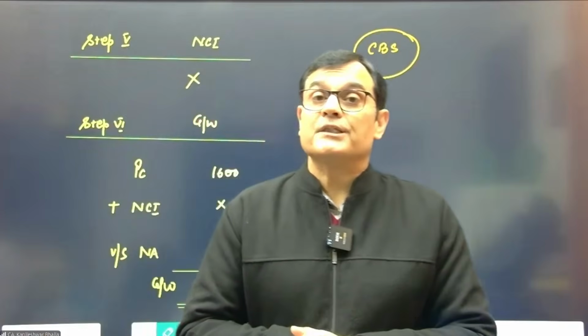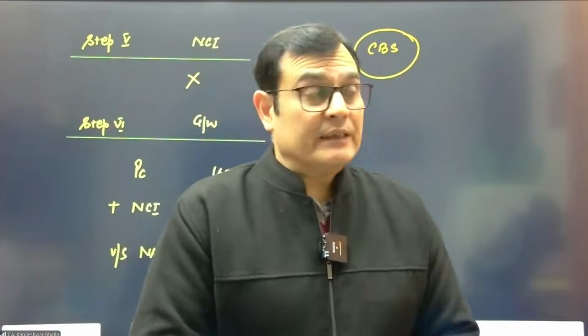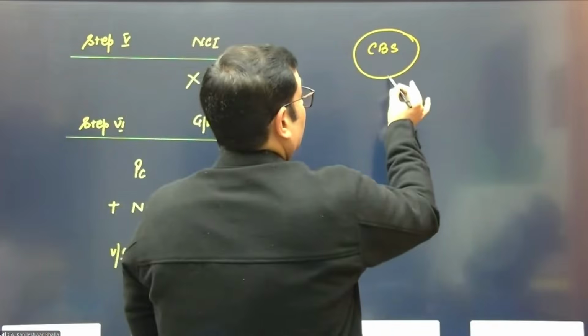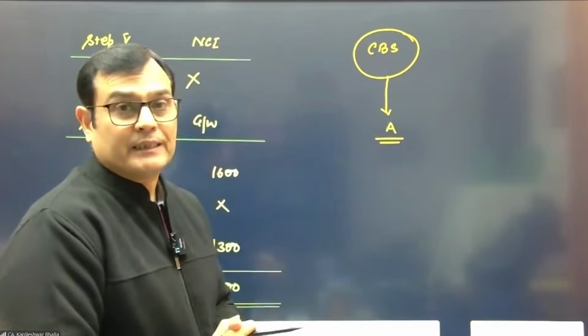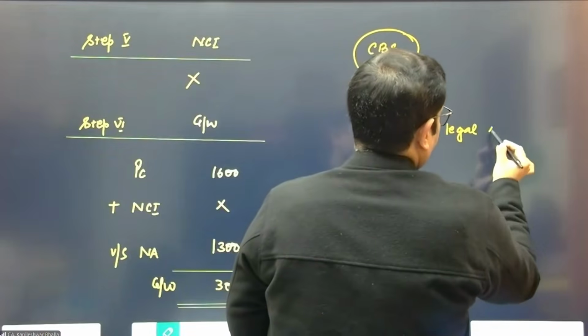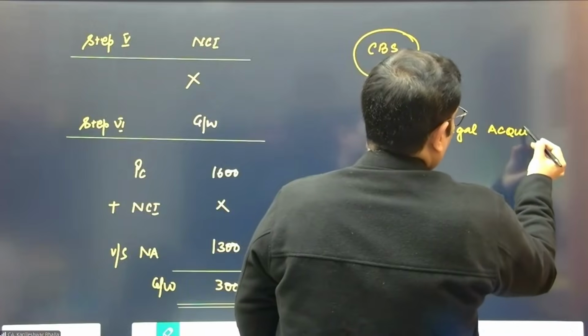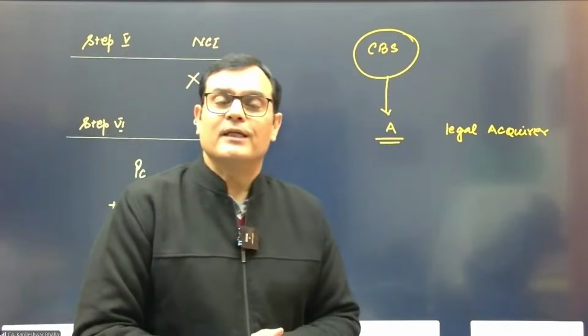Therefore, our accounting is working on substance over legal form. So in this particular case, the liability to present the consolidated balance sheet lies upon A, who is the legal acquirer.